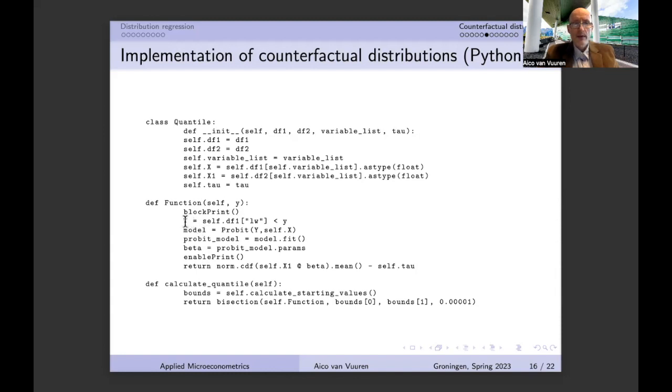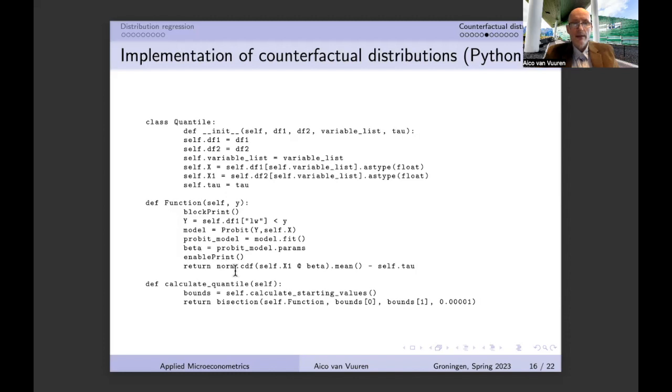First thing that I do is introduce a dummy variable that indicates that the log wages are going to be smaller than this y that we have over here. That's the same y as in the argument of the function. Then we're going to do a probit. The real probit is done over here with fit. And then we're going to store the beta coefficients.